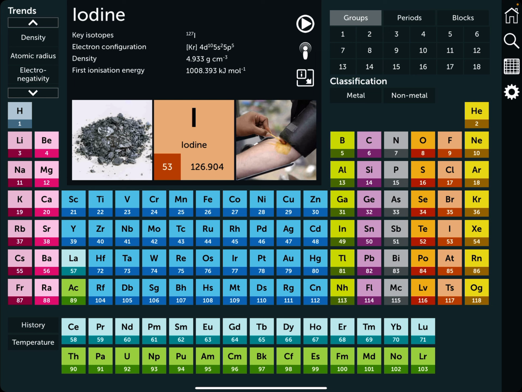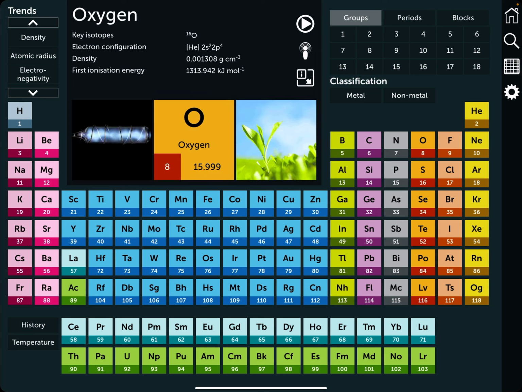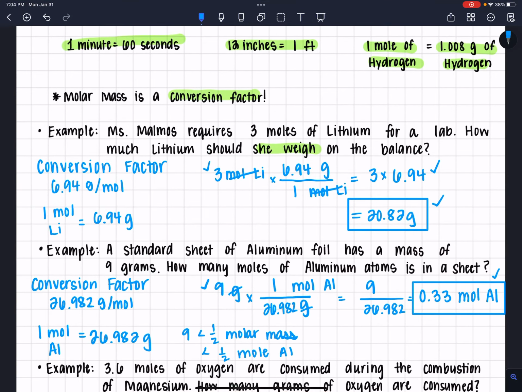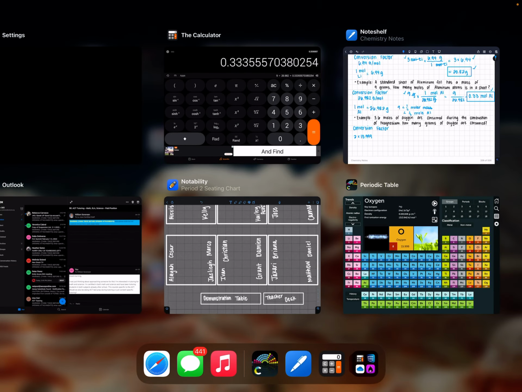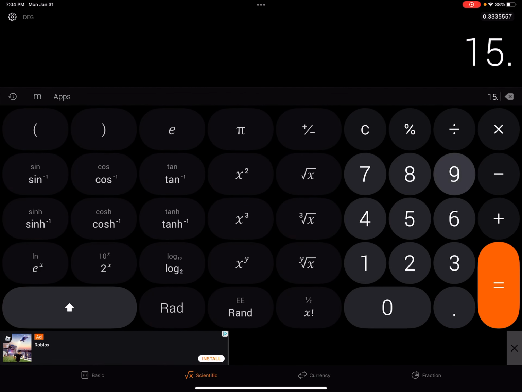What diatomic means is that their molecules are made of 2 atoms. So the molar mass of these diatomic elements is actually double their atomic weight. So oxygen's atomic mass is 15.9999, so its molar mass would be double 15.9999. I want to do it in my head and round, but I'll just type it in my calculator.